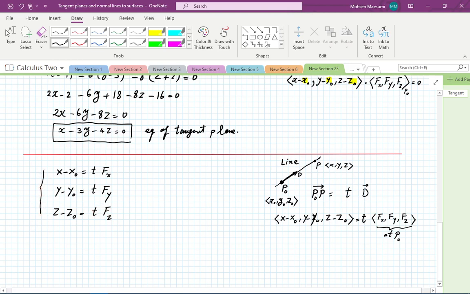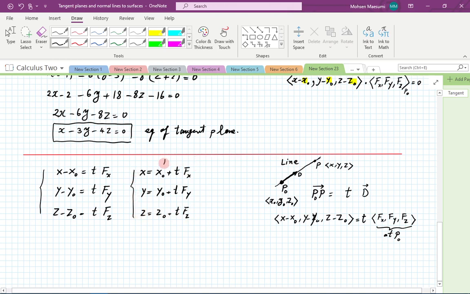That is referred to as the parametric equation, sometimes written like this: x is equal to, take the x0 to the right hand side, same thing, x0 plus t fx, y is y0 plus t fy, z is equal to z0 plus t fz.